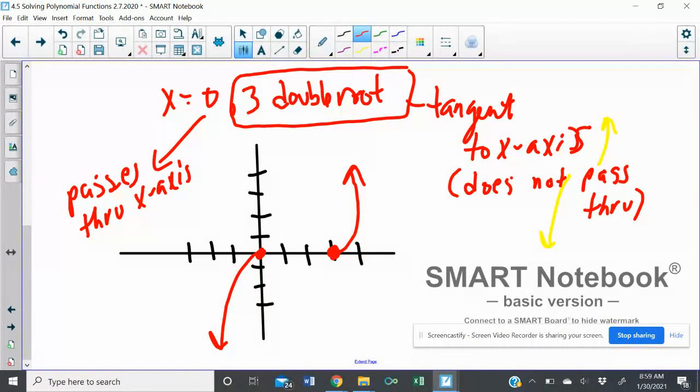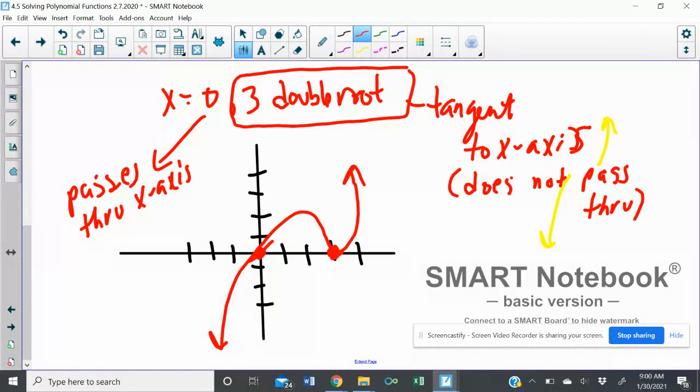So a single solution goes through it. So this has to go through it, plain and simple, has to go up like this. This is tangent to it, which means it's going to turn back around, which means something goes on in here, and whatever, we can make an assumption. So there's our graph by solving, using our end behavior.